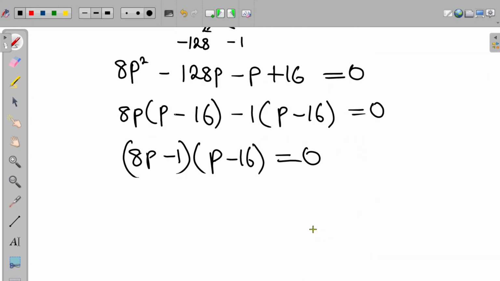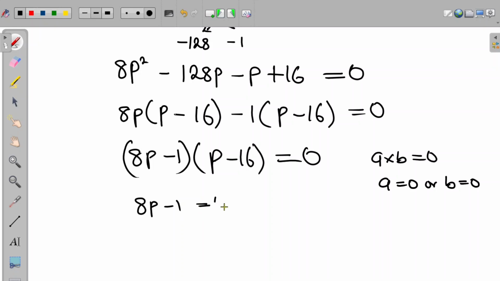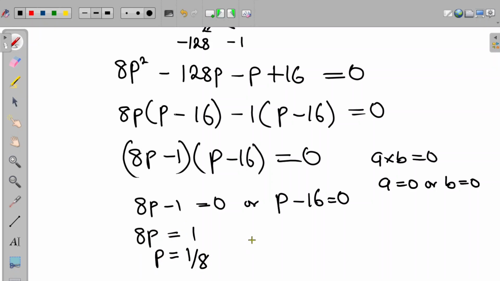Thus, recall that if a multiplied by b is equal to 0, a is equal to 0 or b is equal to 0. So therefore, we have that 8p minus 1 is equal to 0 or p minus 16 is equal to 0. So therefore, we have that 8p is equal to 1, so p is equal to 1 divided by 8. Also, p is equal to 16.